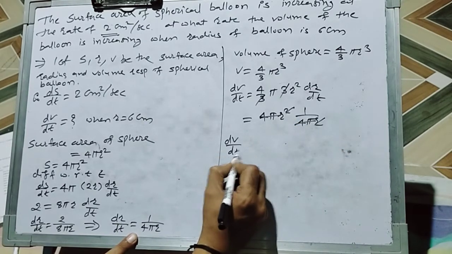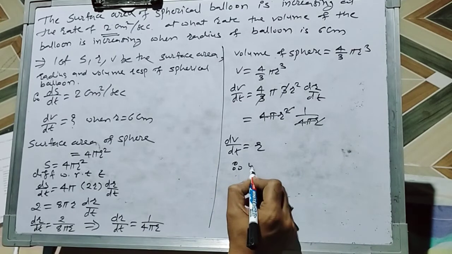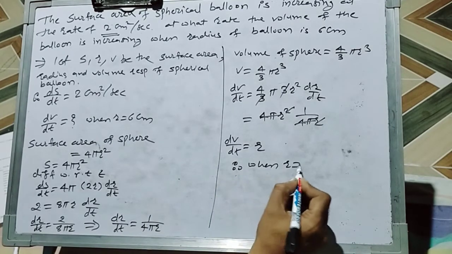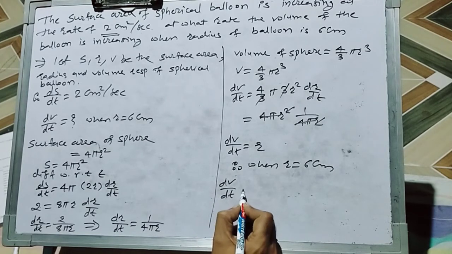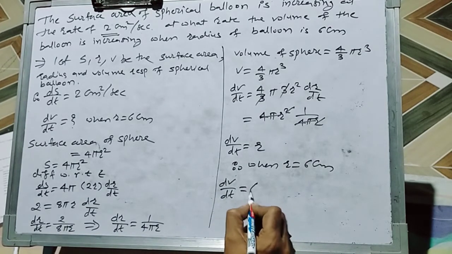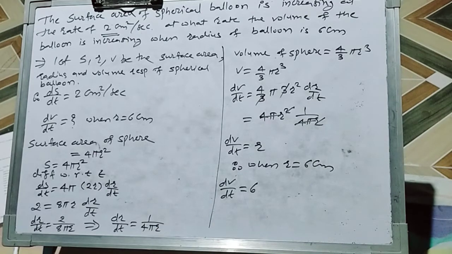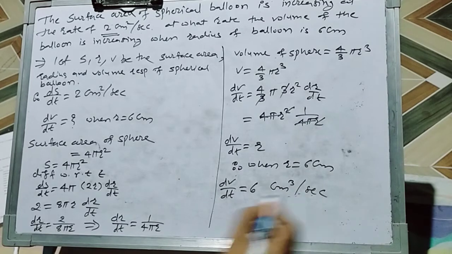So dV by dt is simply equal to r. And therefore, whenever r is equal to 6 centimeter, the rate of change in volume is equal to 6 centimeter cube per second.